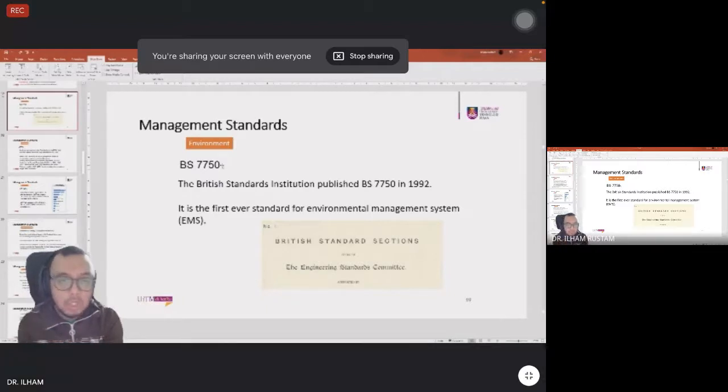Saya rasa semua orang kenal kan Aiman Rashid dan Wong, yang tahu any kind of world punya event, akan tahulah perjumpaan Kyoto tu untuk handle environmental issues ni. So from that environmental meeting tu lahirlah environmental management system, which is the first recorded was British Standard Institution BS 7750.